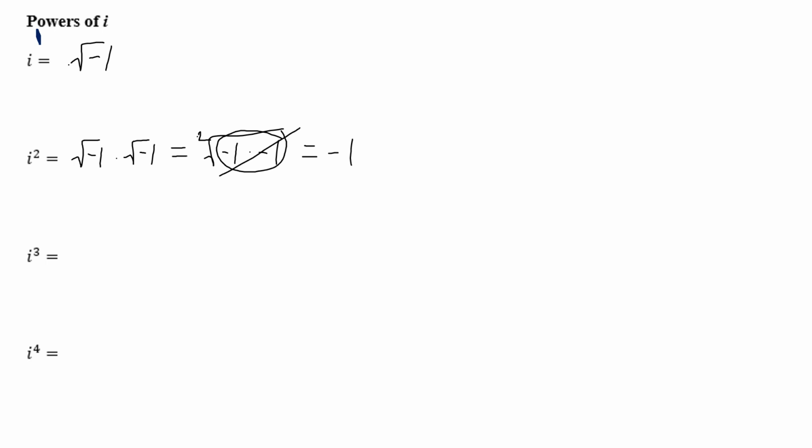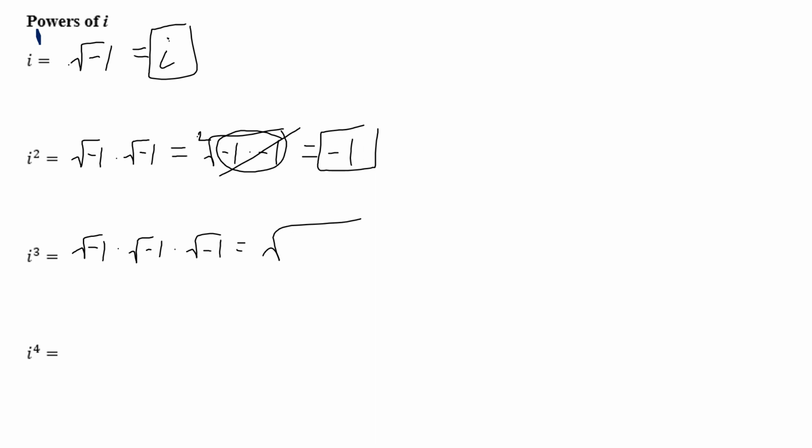Okay, i by itself is technically i to the first, which is just going to end up being i. It doesn't get much simpler than that. However, now we know that i raised to the second is going to give us negative 1. So let's look at what i to the third is. i to the third just tells us to take i times itself 3 times. We know i is the square root of negative 1, so that's the square root of negative 1 times the square root of negative 1 times the square root of negative 1.